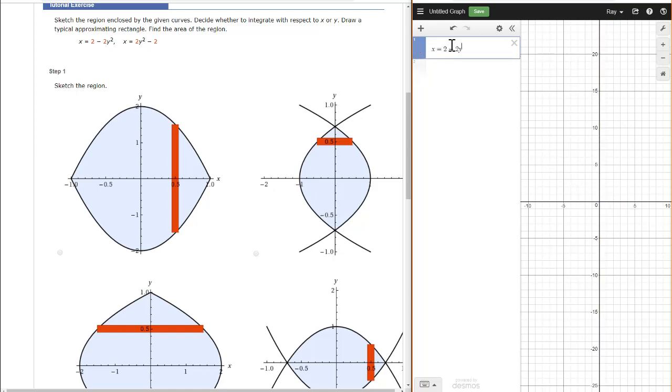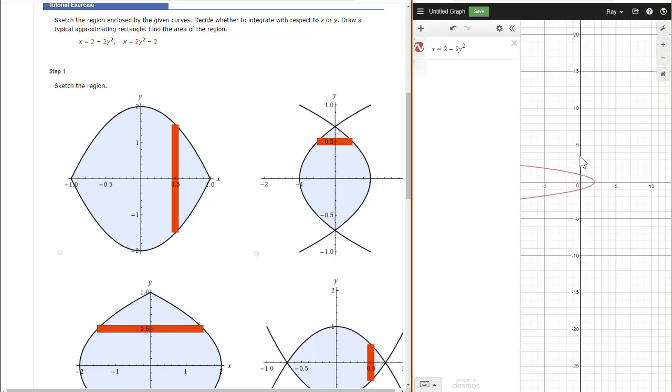So here's the first one, and then the second one would be similar. x is equal to 2y squared minus 2. And so here are the two graphs.